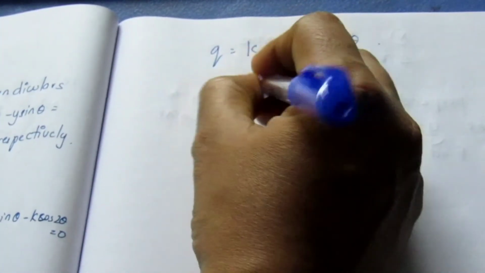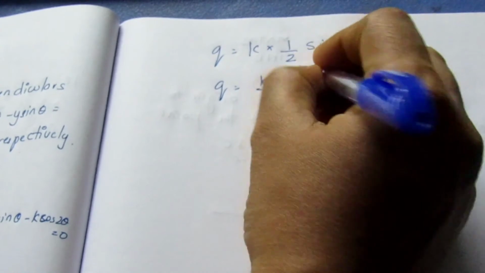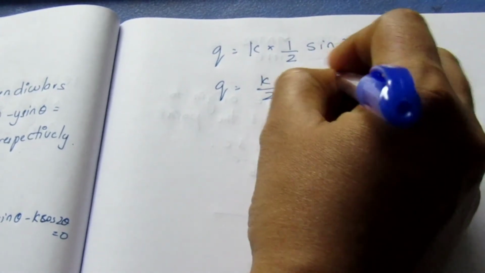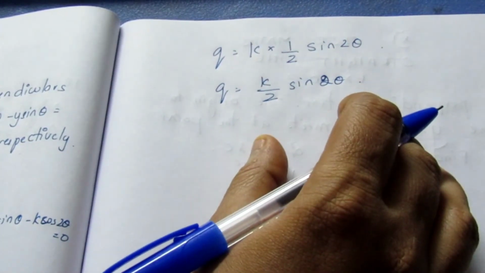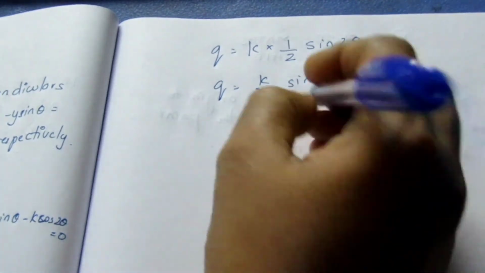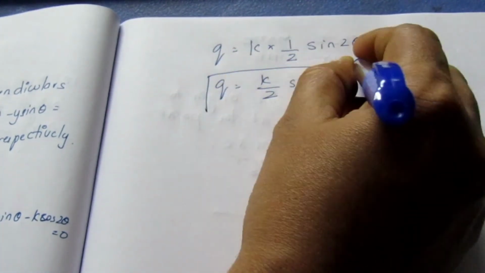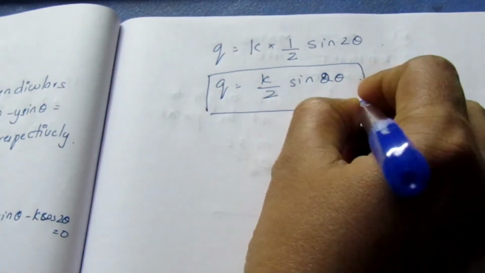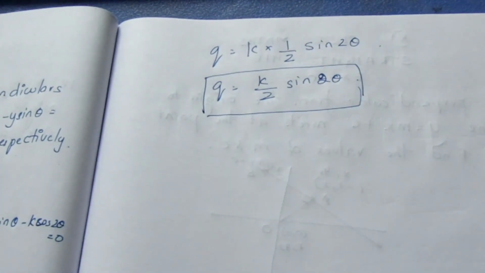So q is equal to k by 2 sin 2 theta. Now we have found the value of q. We have found the value of p.